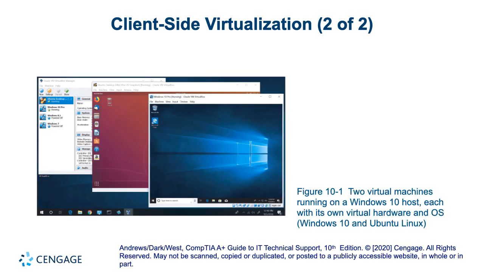And you'll see this in our labs, in NetLab. So here we have a Windows 10 machine that is hosting two virtual machines, one Windows 10 and the other Ubuntu Linux. Both virtual machines have their own virtual hardware and operating systems.